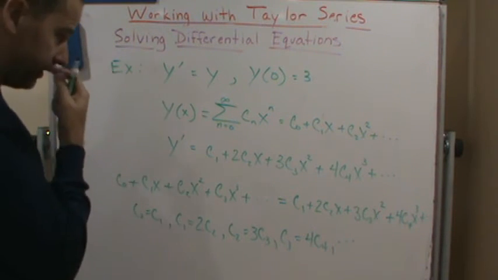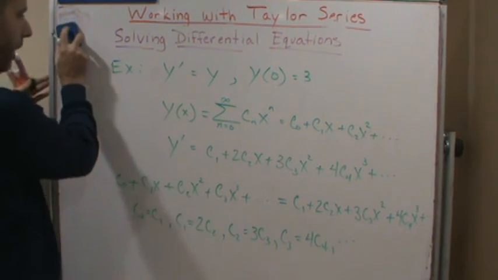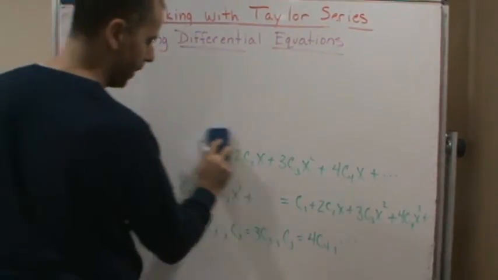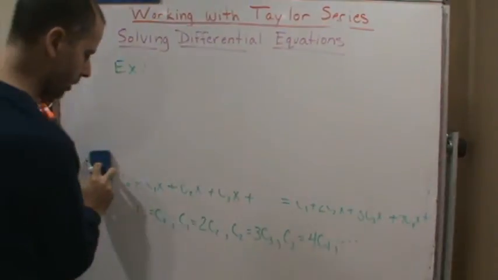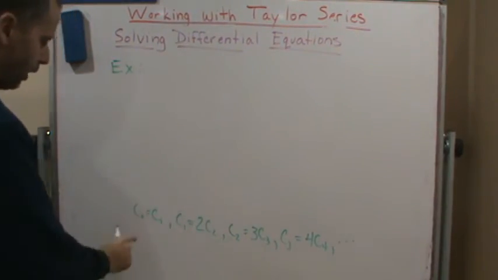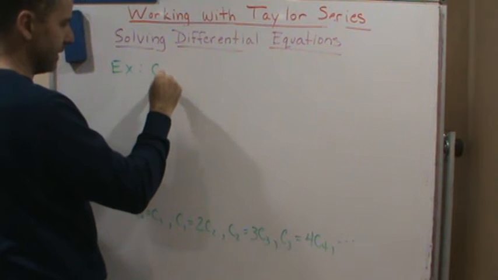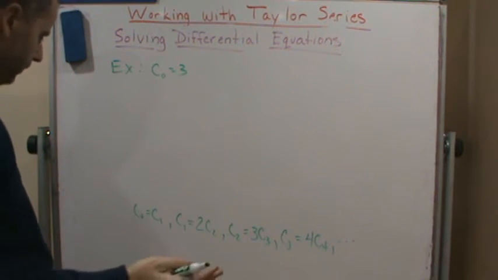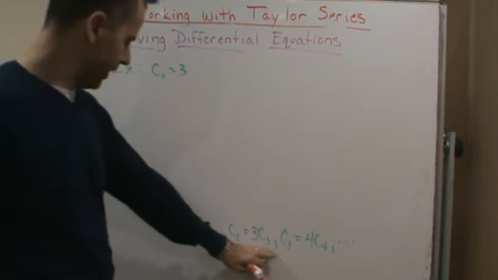So then everything else falls apart, or well, not falls apart, but you know what I mean. Now, we know that c sub 0 has to equal 3 based on the initial value. And so now, based on this, what do we got?